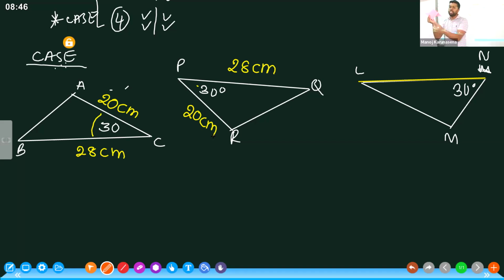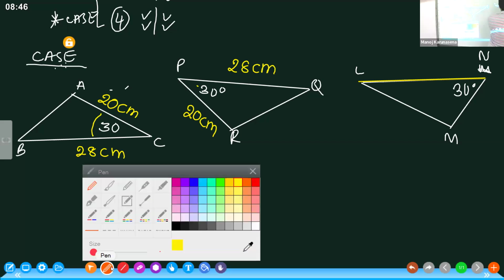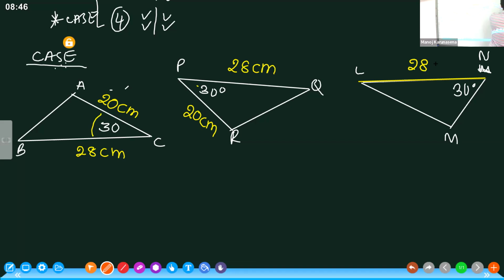Now here is the third triangle. This length is 28 centimeters. This length is 20 centimeters. This is the third one. Online students, check whether it is clear.